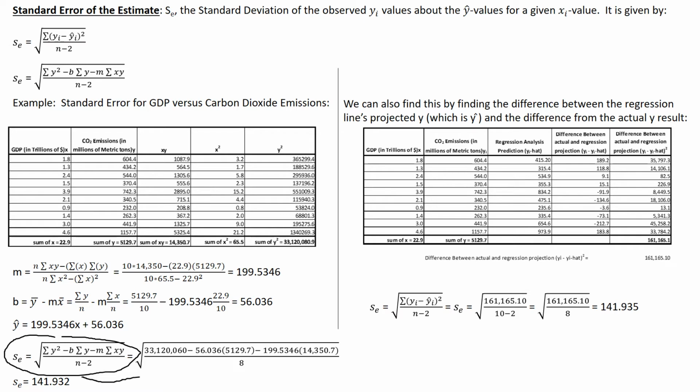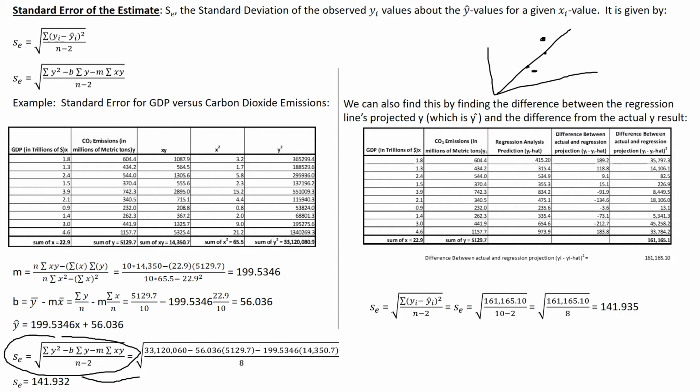We can also find the error by looking at the difference between the individual y's. I did the difference between the actual regression and the projection, and you see I do a calculation right here. There's another way: the difference between what we projected and what it actually was. In other words, if we project it with the equation, it should be along a straight line. Let's suppose we project it right here, but the actual is right here. Or we project another one to be here, and it's actually right here.